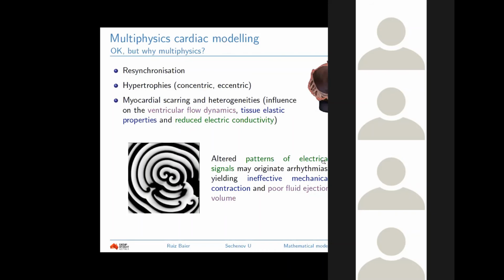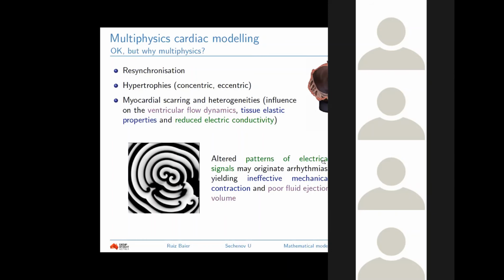Why do we need to incorporate several physical phenomena? Why can't you just keep with one single thing, looking at, let's say, the electric stimulus, and that's it? I don't need to worry about anything else? Well, because there are pathologies where you do have a close interaction between those two things, and if you separate them and try to understand a global phenomenon by looking at just one physical system, there's no way you can describe what occurs.